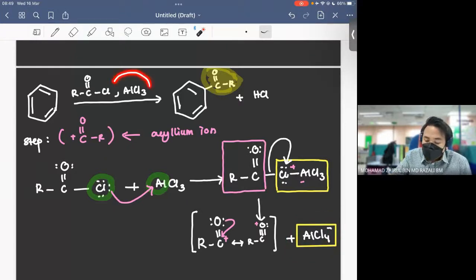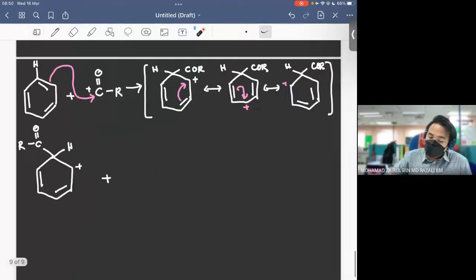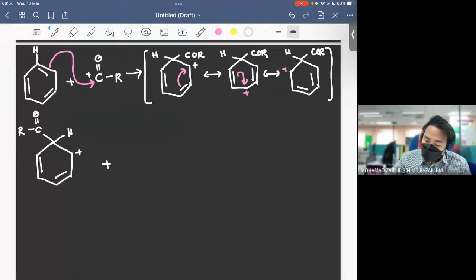Disebabkan dia adalah catalyst, kita kena regenerate balik dia. So, macam mana nak regenerate balik dia? Kita kena remove satu klorin daripada AlCl4-. So, klorin yang awak nak kick tu, awak keluarkan siap-siap.